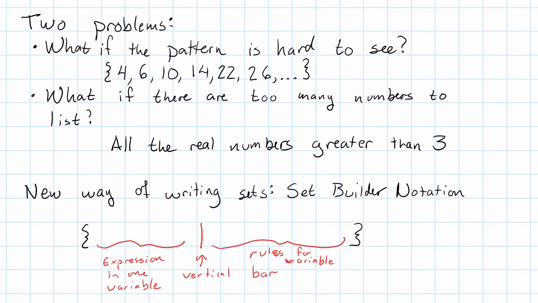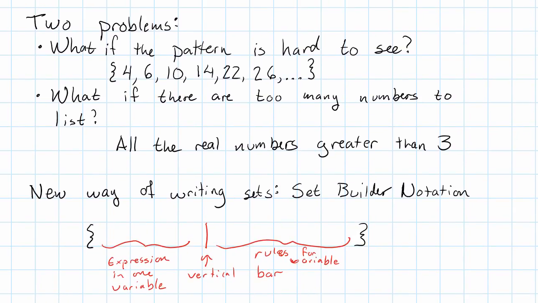So in our two examples here, these are all of the numbers that can be expressed as 2 times x, where x is prime. These are all the numbers that are greater than 3.